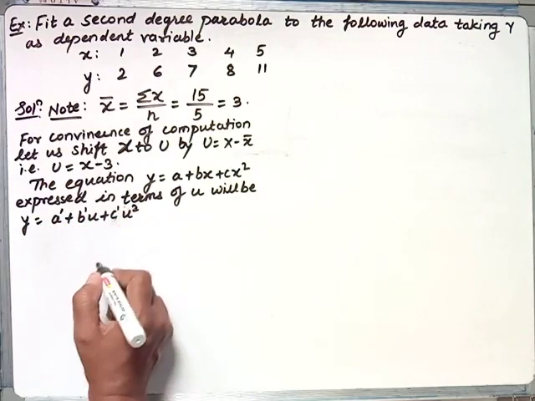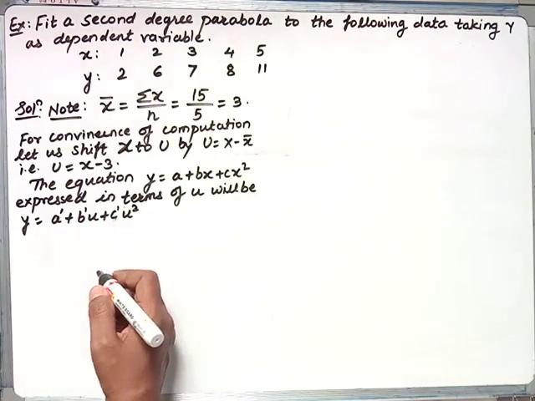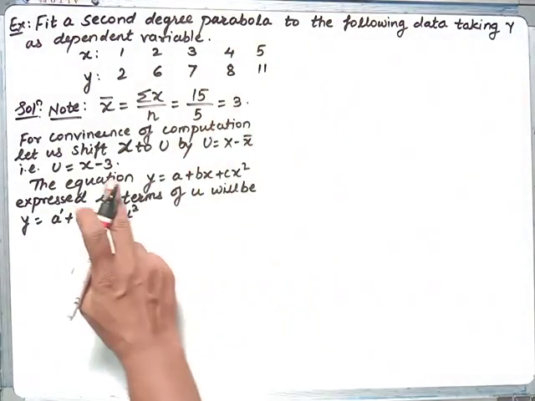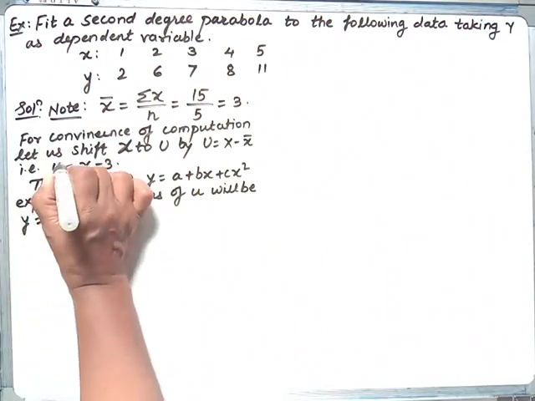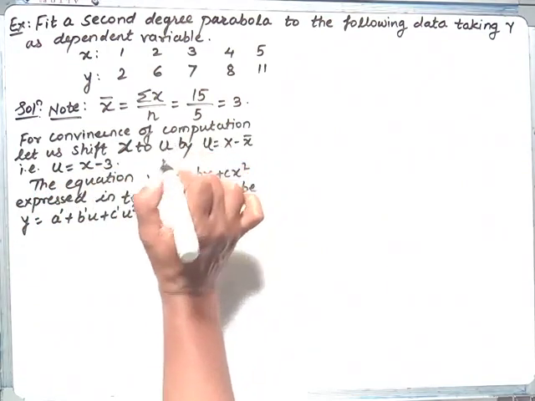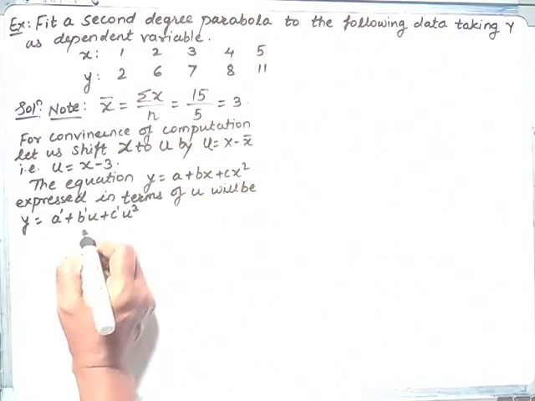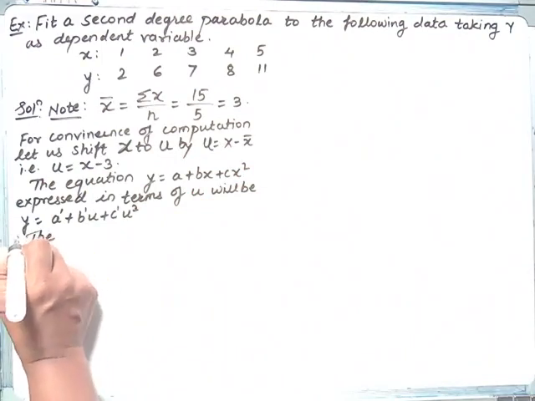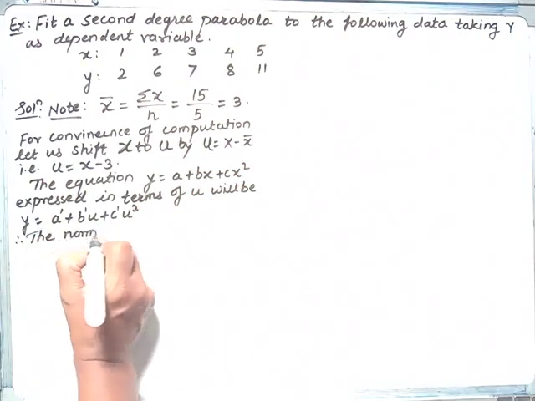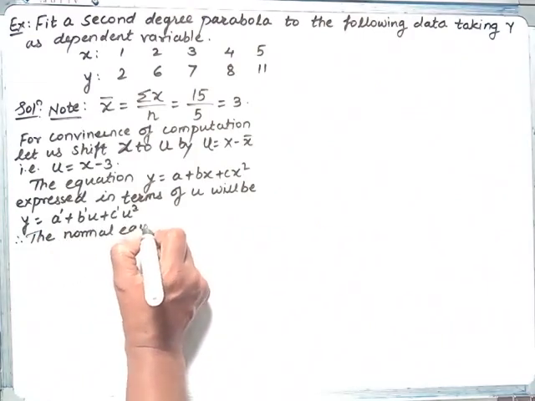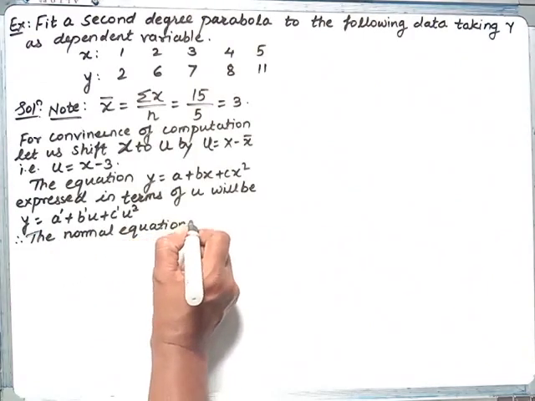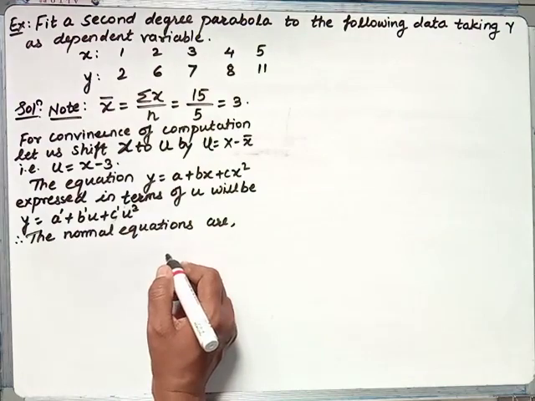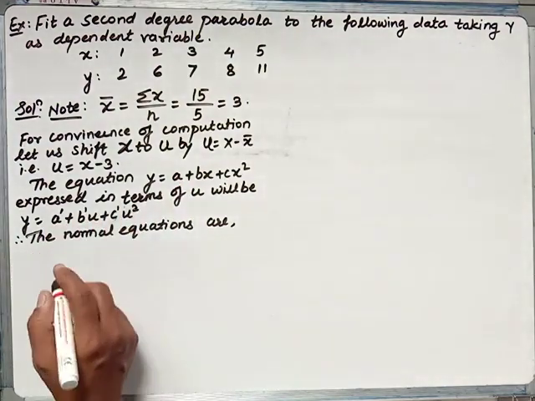Our independent variable was previously x, as we have to consider y as the dependent variable, but now we have changed it to u. So due to that, our equations also change. The normal equations are, therefore, the equations to find these constants a dash, b dash, c dash.